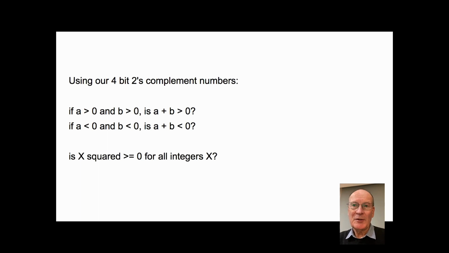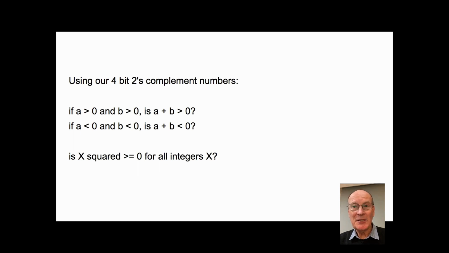Now, let's look at some of the characteristics of this. While you can refer to that number circle, look at these values. If A is greater than 0 and B is greater than 0, answer this question. Is A plus B always greater than 0? So think about that.